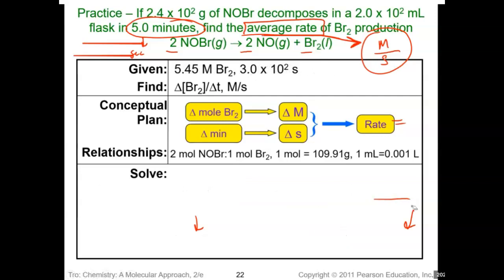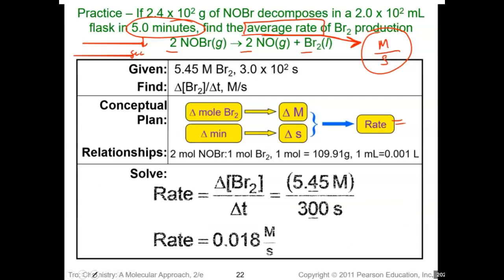So when we do this, now all that was old. And so our new piece here is our rate of change of Br2. There's one coefficient. I mean, there's a 1, so we don't have to do anything. It's positive, so it's going to be positive. So if we would have gone with NOBr, we could have done the same thing. We just would have done negative 1/2 of our concentration, and we would have got the exact same thing.